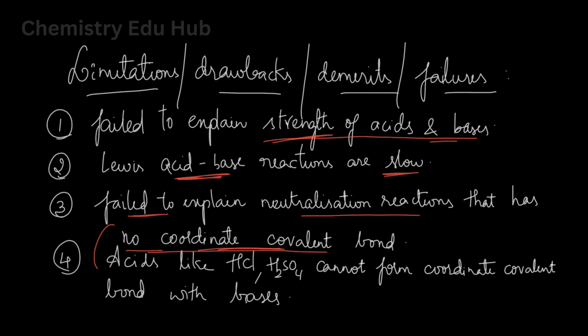A further failure is with HCl and H2SO4. We know that HCl and H2SO4 are strong acids, but according to Lewis, they cannot form a coordinate covalent bond with bases. How they are able to show acidic behavior was not explained. So these are the main drawbacks of Lewis's postulates and theory.